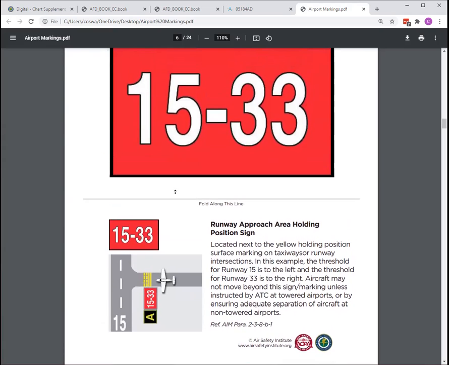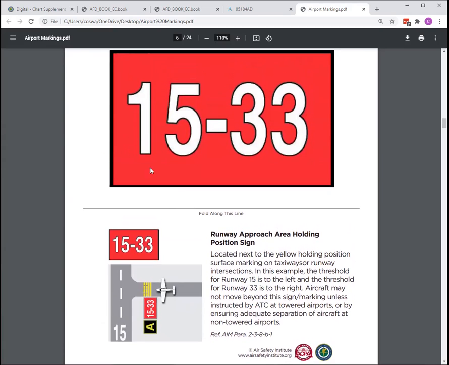This sign, which is similar to the ILS and the approach hold short signs, is the runway hold short sign. So this will be like, in this case, taxiway Alpha. This is probably on Alpha 1 or something. And this is going to be connecting right to the runway. And so they'll have this hold short sign on this taxiway, indicating this is where you're supposed to hold short for the runway.